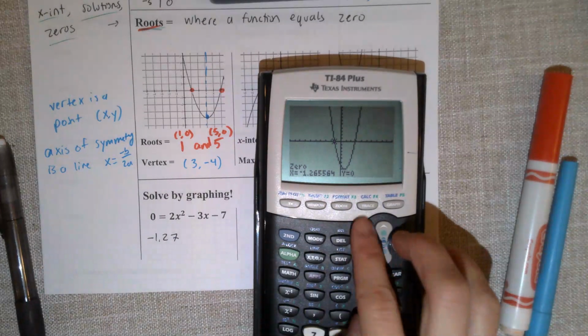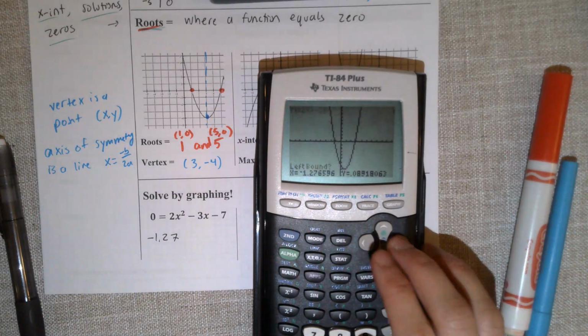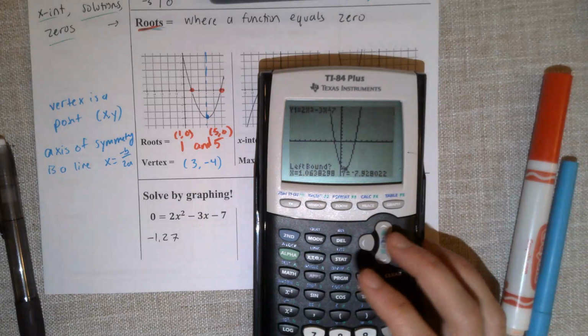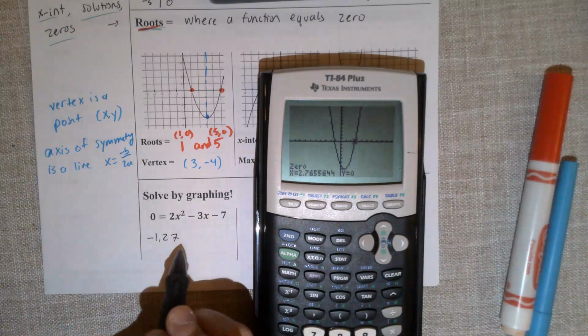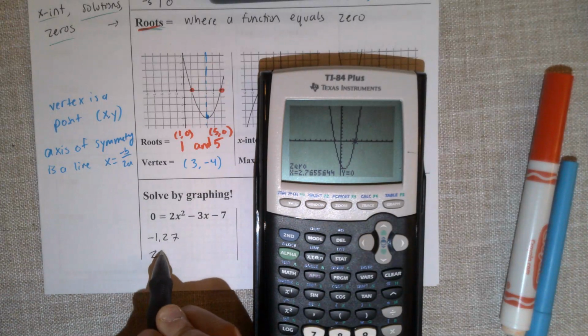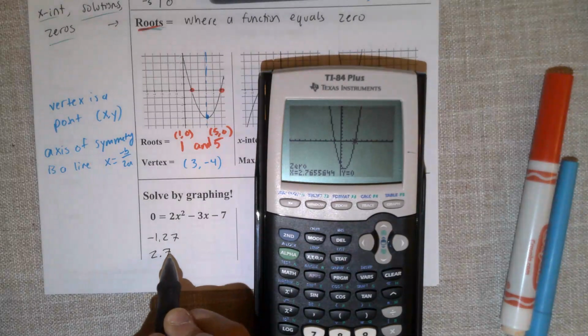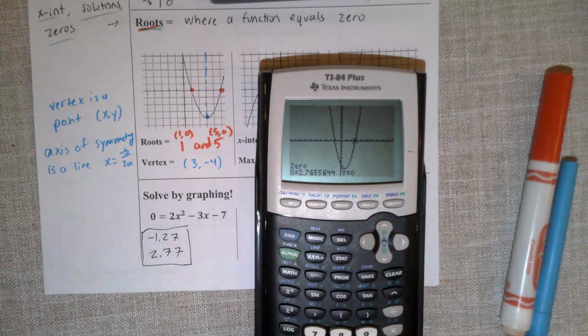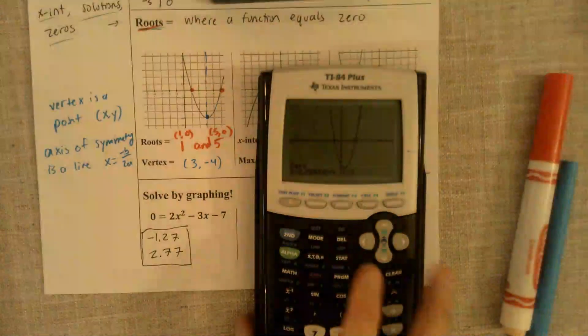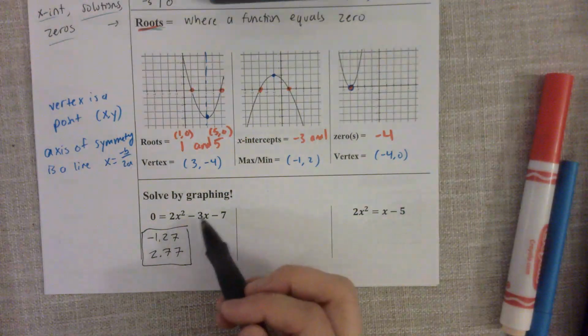And then we're going to do the other one. So calc 0, we're going to go to the left, we're going to go to the right, and we can find that second 0, which is 2.77. Okay, so that was really easy, right? These are the two solutions to this equation.